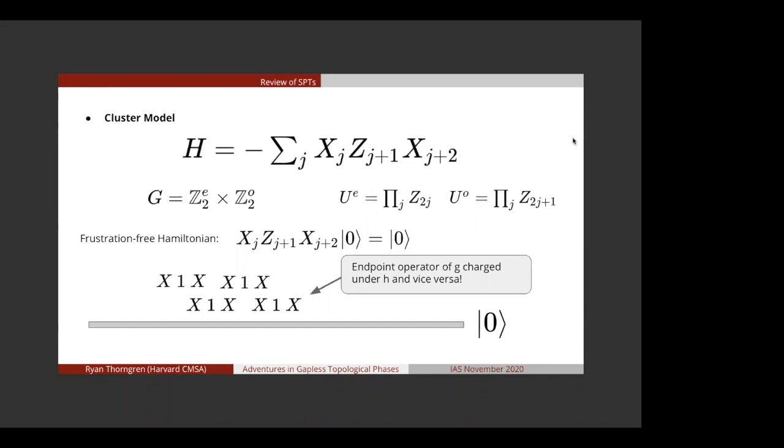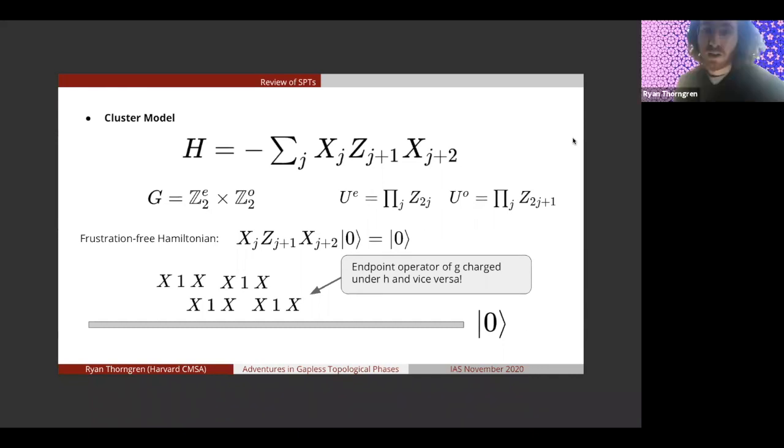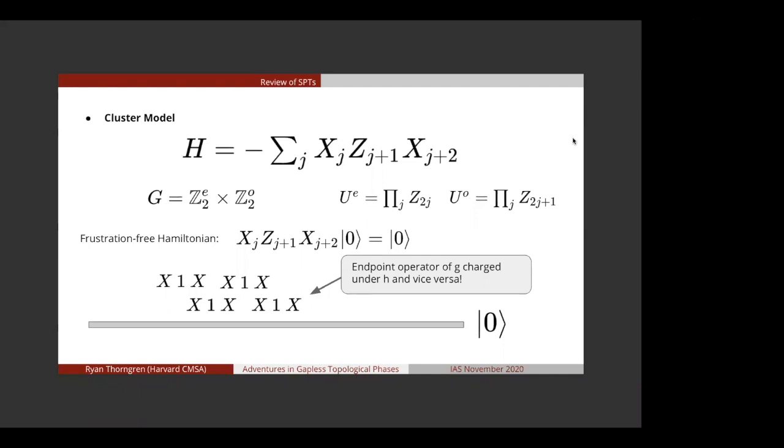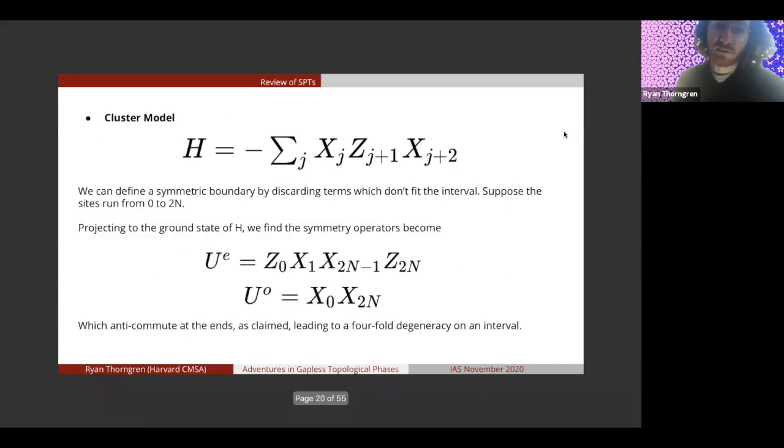Ryan, does this system have one boundary or two? You mean, do we consider it on a half infinite line or on an interval? Exactly. I'm about to consider it on an interval. You have to be careful, of course, if you're going to study a half infinite system.